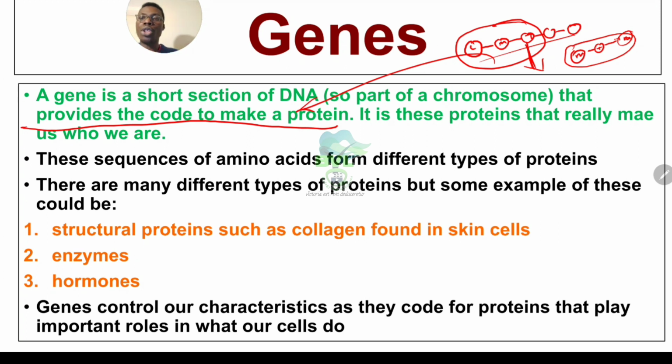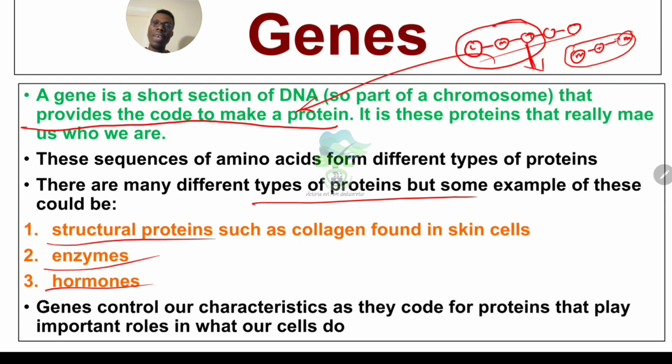But for the sake of the exam, you should know that different proteins can control different structures. So we have structural proteins, and examples of proteins again are enzymes and hormones. These control different characteristics. Don't forget this. I use real life examples so that it will make more sense. Different structures, different eyeballs, different nose shapes, all of these are controlled by genes. All right, hope that made sense.